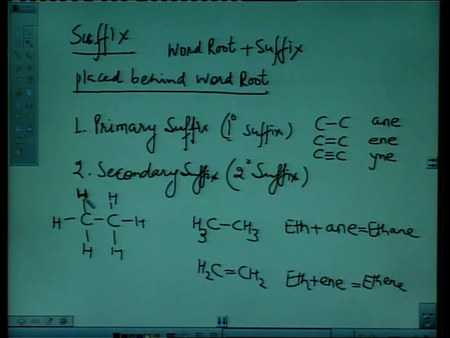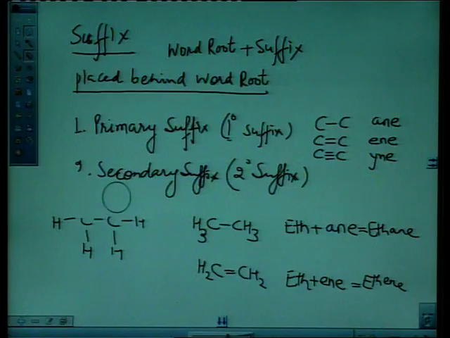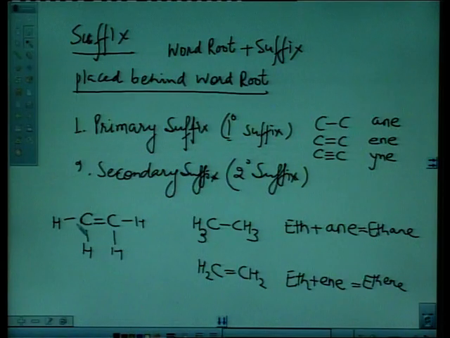So, if I write ethane, there is a single bond in carbon-carbon and there are 3 hydrogens. If there is a double bond, then there are 2 hydrogens and the bonds are 4 for carbon. There are 4 bonds in carbon. Okay.